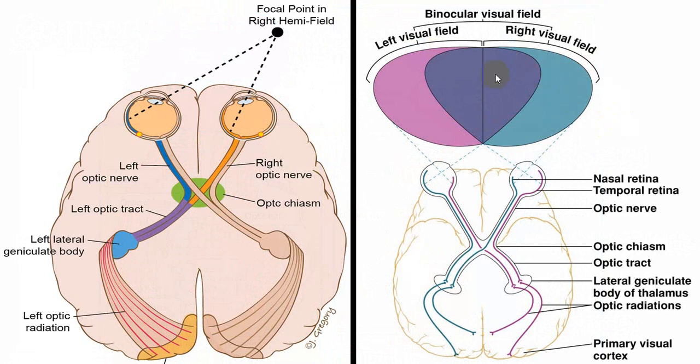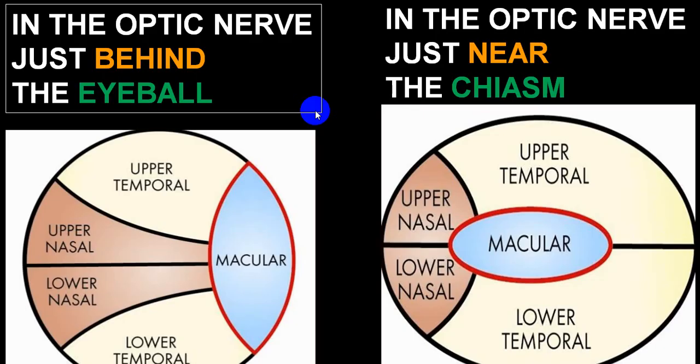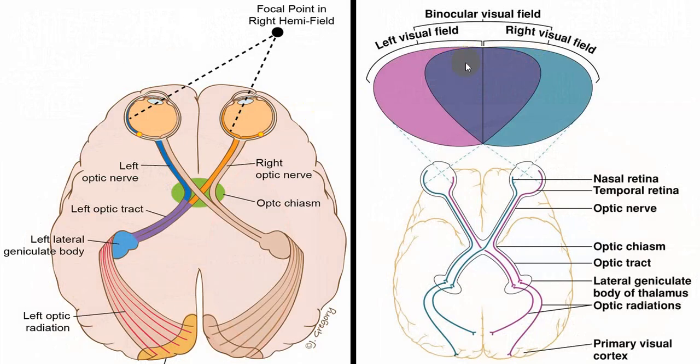So when you have binocular vision, this is one side. When you have binocular vision, you can see that this particular area is overlapping. So the nasal field will be overlapping, and this will be the right side temporal field, which will be by the nasal fiber, and the nasal field will be by the temporal fiber. So that will be the peculiarity.